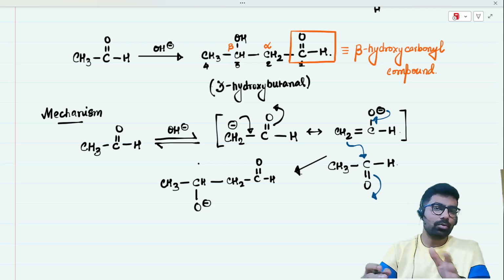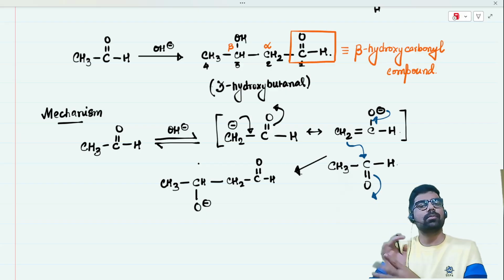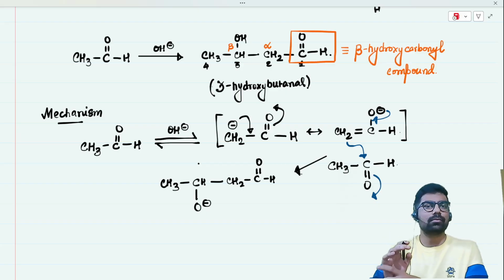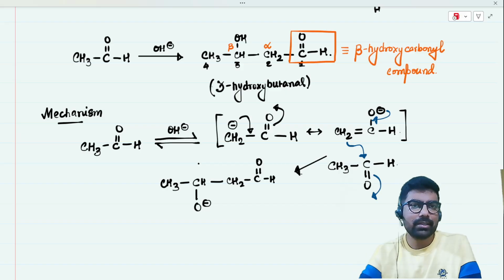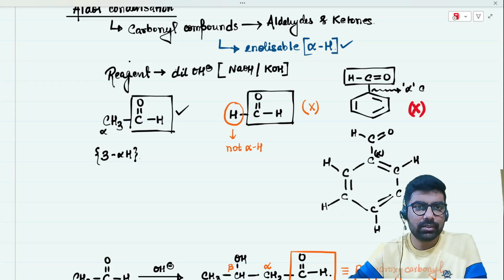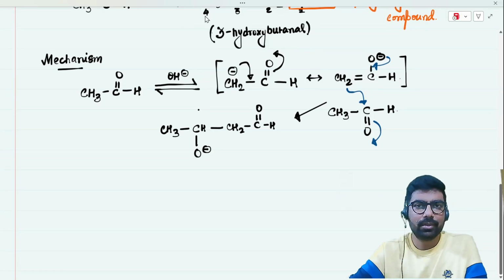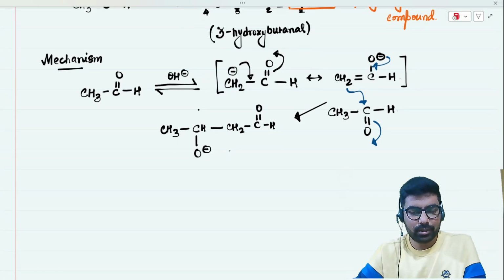Now, what is there? O minus is there. Now we are using what? Dilute base. We are using as a reagent dilute NaOH or KOH. So water molecules will be there in the reaction medium. So what will happen in presence of a water molecule?